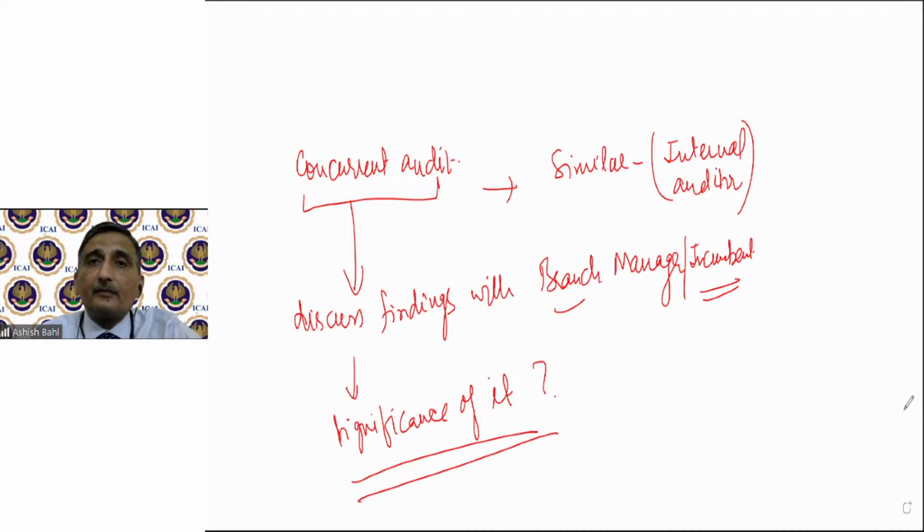The concurrent auditor may not be right in his opinion, or by discussing the matter with the branch in charge, he might get to know something which was earlier not in his knowledge. So that becomes very, very important.